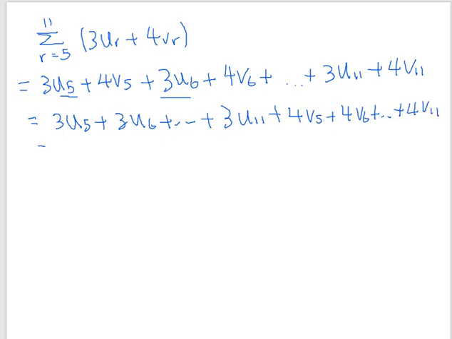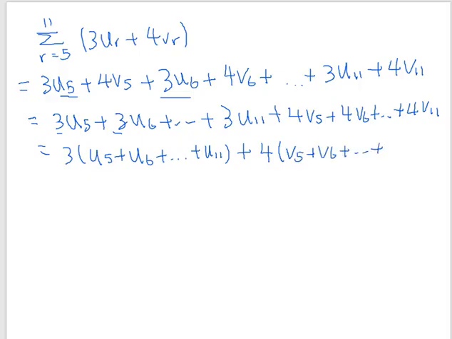We know that 3 is a common factor to the U terms, so you can write it as 3 times U5 plus U6 until U11. Then 4 is a common factor to V5, V6 until V11, so you can take out 4 as a common factor, and it's V5 plus V6 until V11.